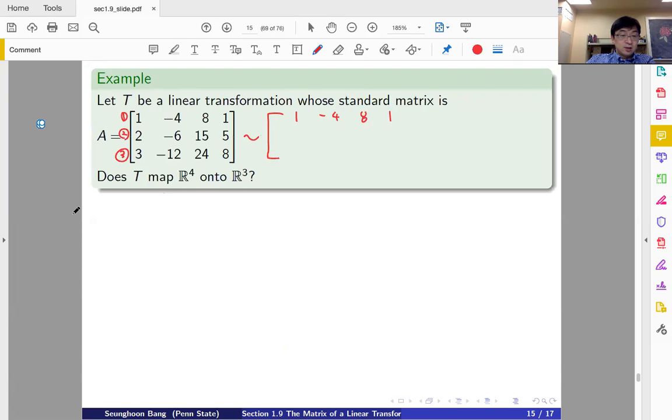The second row is the second row plus -2 times the first row. The second row is 2, -6, 15, 5. The first row times -2: 1 times -2 is -2, -2 times -4 is +8, -2 times 8 is -16, -2 times 1 is -2.